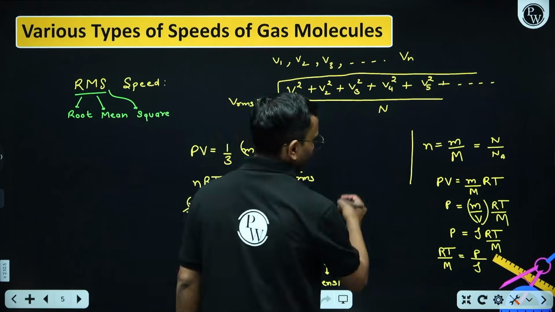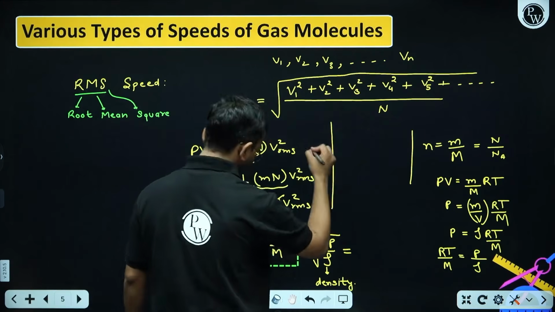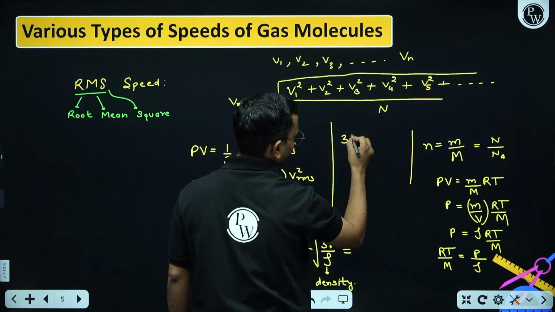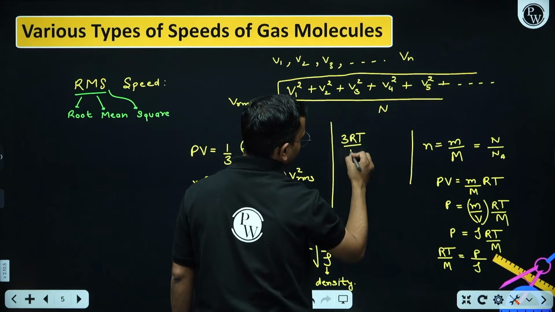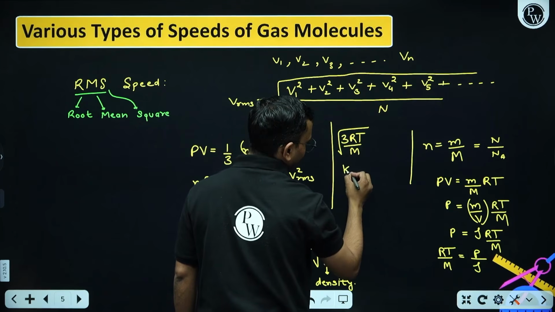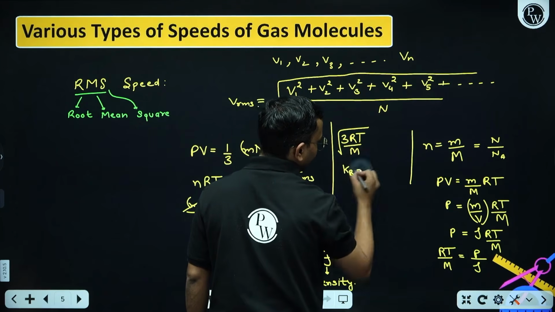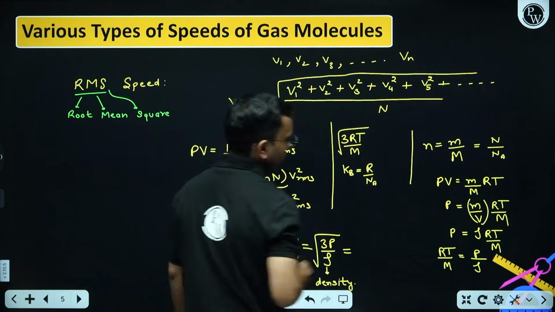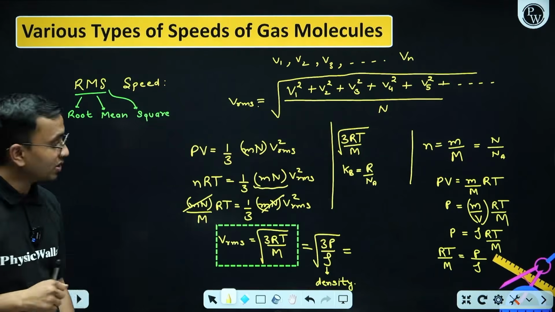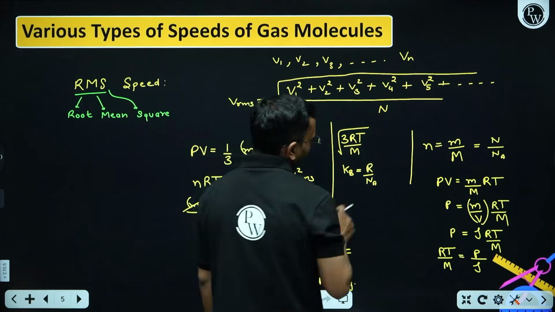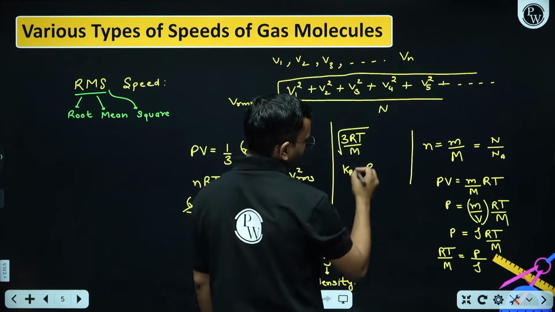So I'm getting 3RT divided by M. Now, the Boltzmann constant that we denote with Kb, what is that? That is R by Na. This R is the universal gas constant and Na is the Avogadro number. So R by Na. Now, if I use it here, what will it become?